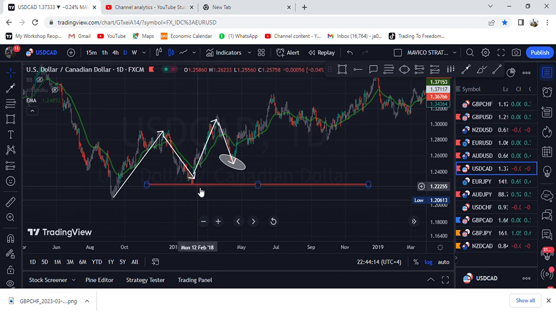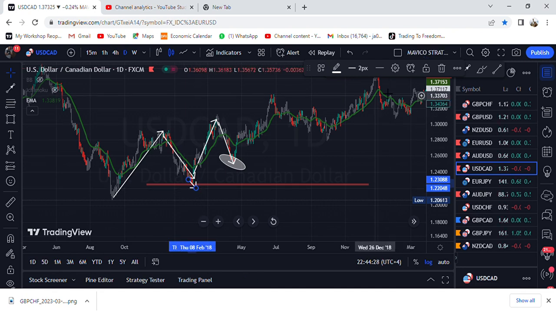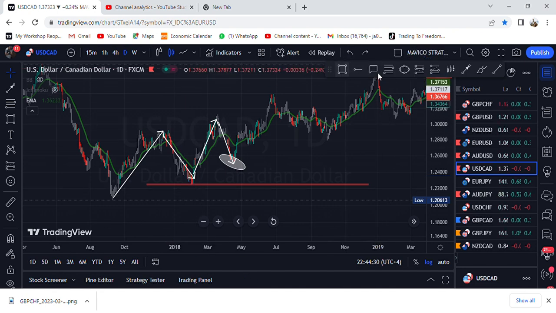So when the market goes up and comes down here, at this level what you have to know is, if it didn't break down, if the market reaches here, the next thing you have to be looking at is a buy signal.